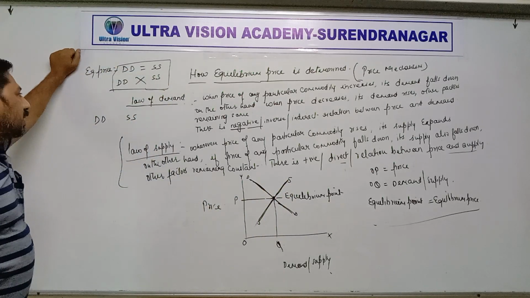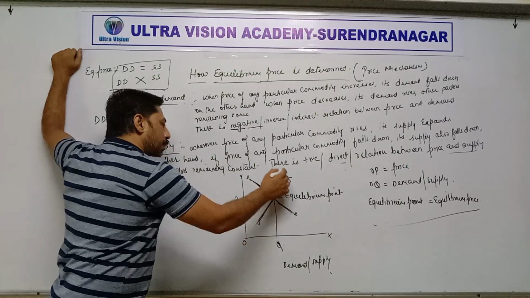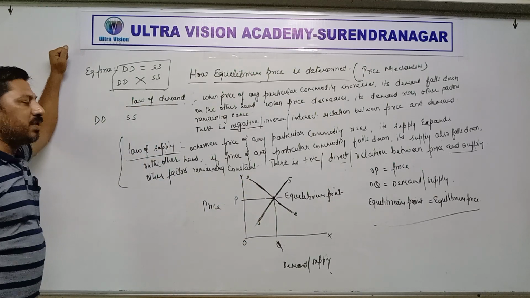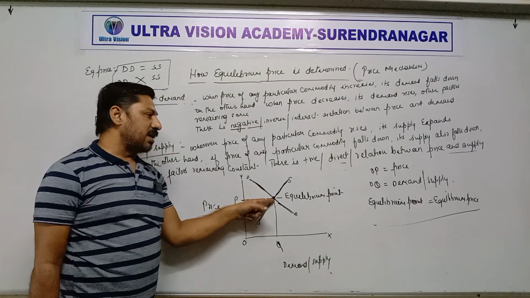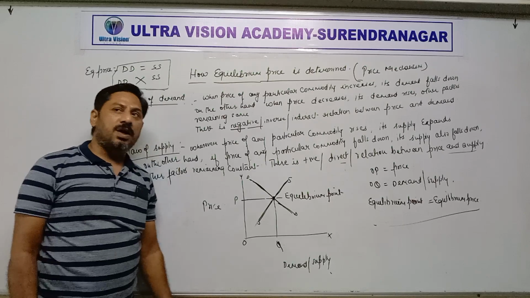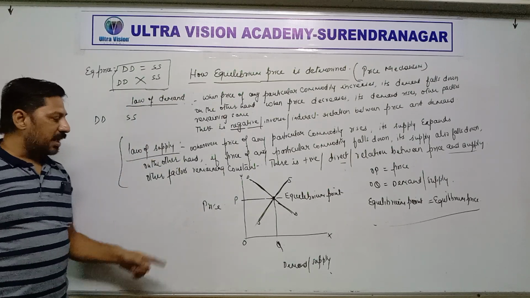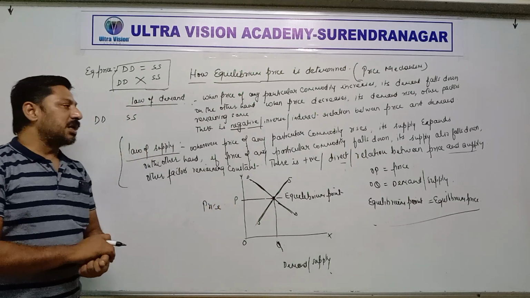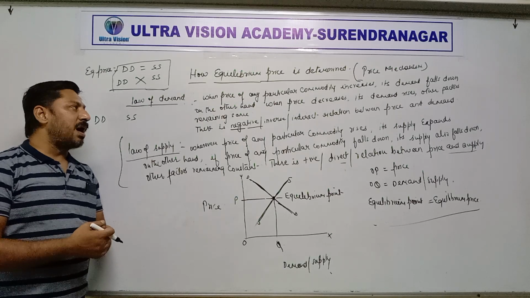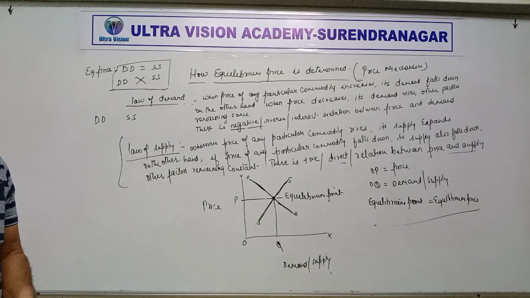Both are moving in the opposite direction, so at a point they will intersect each other, and that intersection point is called the equilibrium point. At this point, whatever price is there is called the equilibrium price. In this way, price is determined on the basis of demand and supply. This system is also known as price mechanism. And in this way, chapter number 4 is also completed.